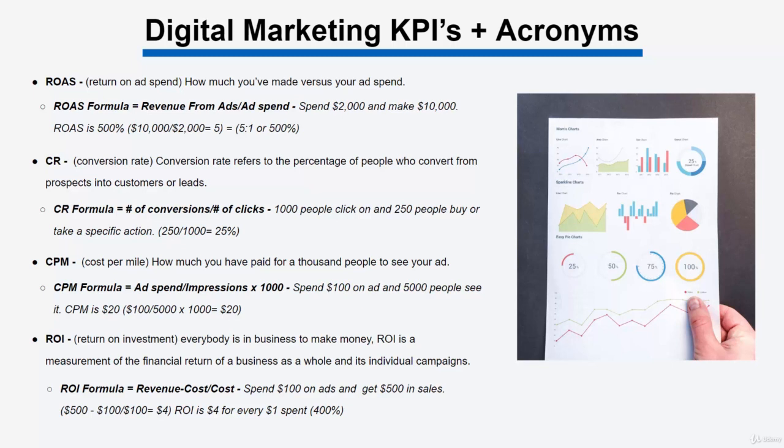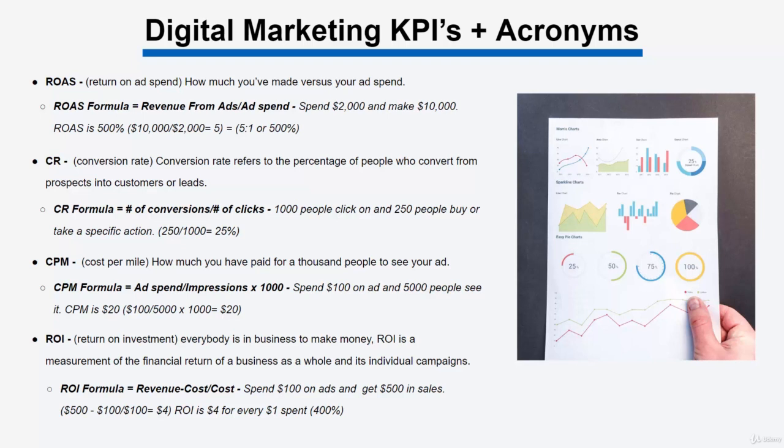So let's say that we spend $100 on ads and then we get $500 in sales. So let's look at the breakdown here. $500 in sales minus $100 on ad spend divided by $100 equals 4. So our ROI is $4 for every $1 spent, so 400%. Because we spent $100 on ads and we made $500 on sales.